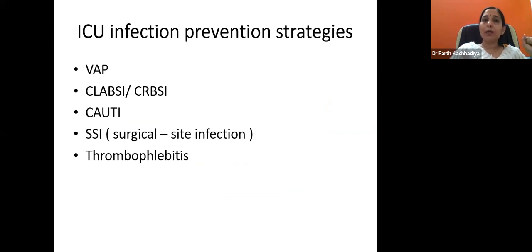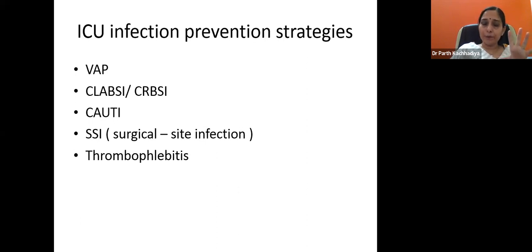So what are the ICU infection prevention strategies? These are applicable to a few of the most important hospital acquired infections that we are seeing in the ICU: VAP, that is ventilator associated pneumonia; CLABSI, that is central line associated bloodstream infection or catheter bloodstream infection; CAUTI, that is catheter associated urinary tract infection; SSI, that is surgical site infection, or at times even soft tissue infection; and thrombophlebitis.